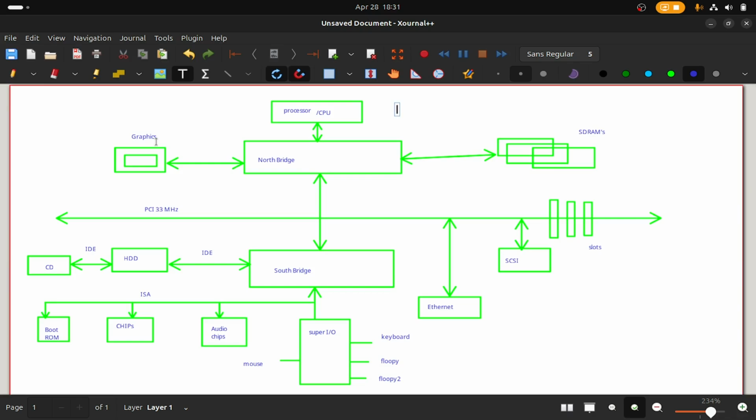Graphics card is also known as GPU, graphical processing unit. All the data management over here will be taken care of by the North Bridge. And that is something called FSB, front side bus. Here it should be FSB. So the connection between the processor and the North Bridge is by the FSB bus. Fine.